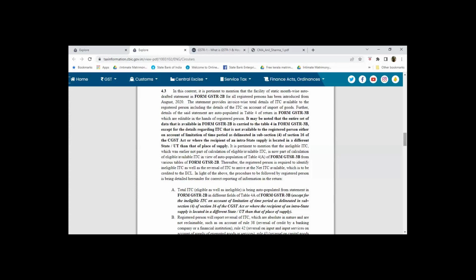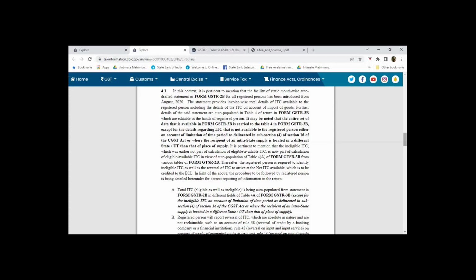Now, after passing of finance bill 2022, it was being changed to 30th November 2022. That is all about limitation of time period as delineated in subsection 4 of section 16 of the CGST Act.